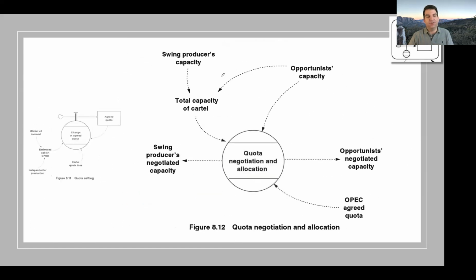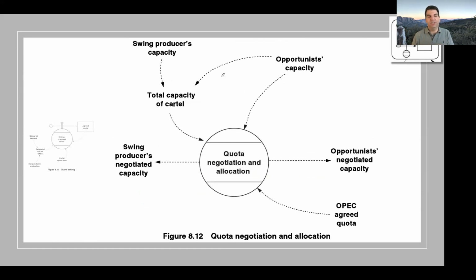And then they've also got their own negotiation and allocation, deciding how much the opportunists produce and how much the swing producer produces. And we can model that in a coordinating network as well.